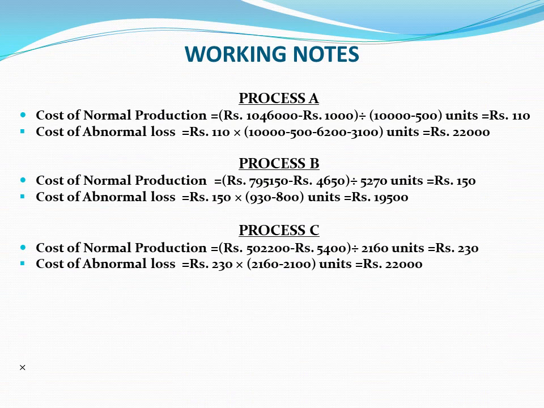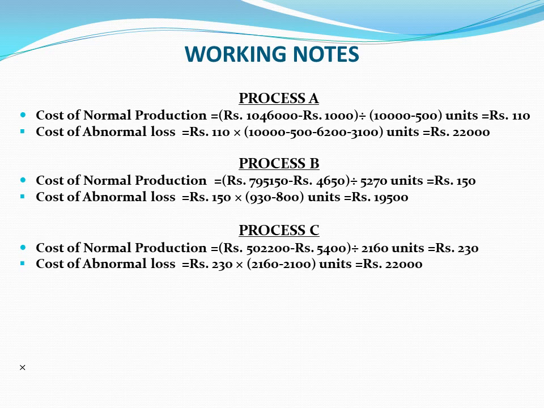These are the working notes. Cost of production equals 10,46,000 minus 1,000, divided by 10,000 minus 500 units, which is equal to 110, used in process A. Cost of abnormal loss is calculated as 110 into 10,000 minus 500 minus 6,200 minus 3,100 units, which is equal to rupees 22,000.